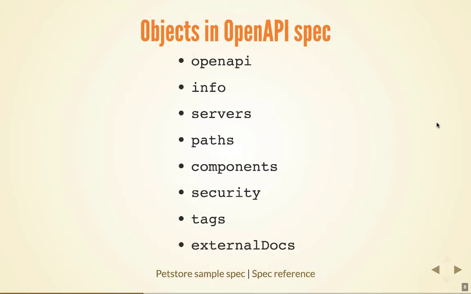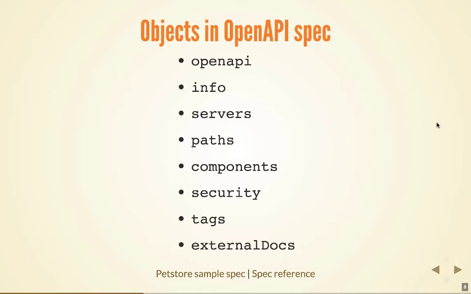Whereas DITA uses XML, the OpenAPI uses JSON. You can also use another format called YAML, which is just another way of expressing JSON, or vice versa, actually. But the basic spec is JSON, and there are about 8 different objects, and they're listed here: OpenAPI, info, servers.